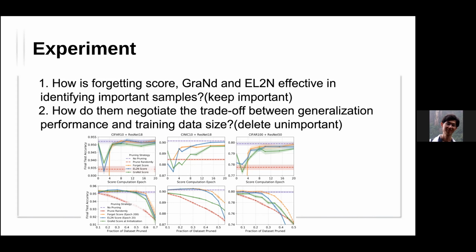Maybe at epoch 20, the gradient score has a good performance. But the point is that they wanted to find the importance score as early as possible. Yes, but if so, the gradient score will give the importance score no later than EL2N, because both approaches take the first 20 epochs.